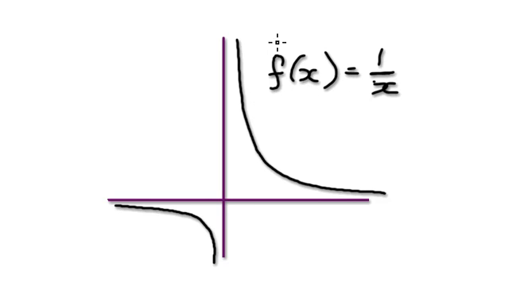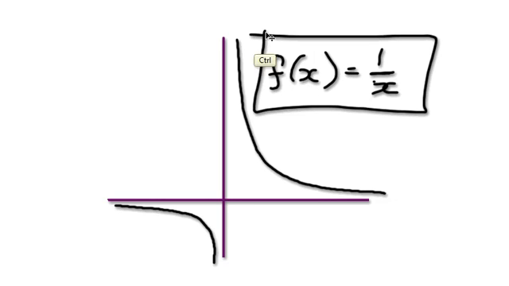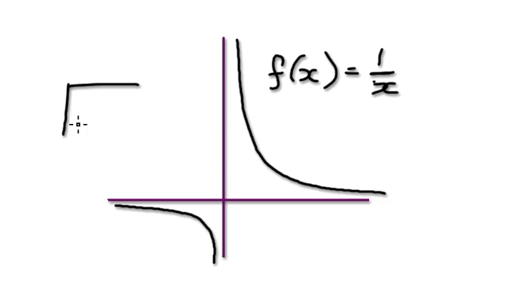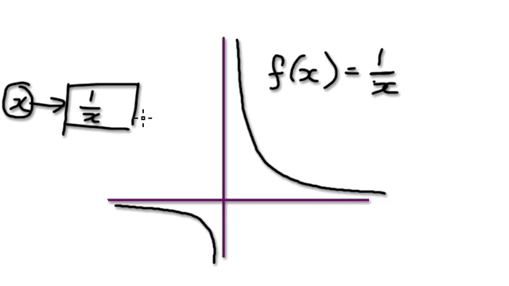Another way of visualizing this is I've got a machine where I will take the value of x, and then I'm going to do something to it. In this case, I'm going to do 1 over x. So I'm going to get whatever number you give me and just get 1 divided by that number, and then I'm going to spit out a number out here.